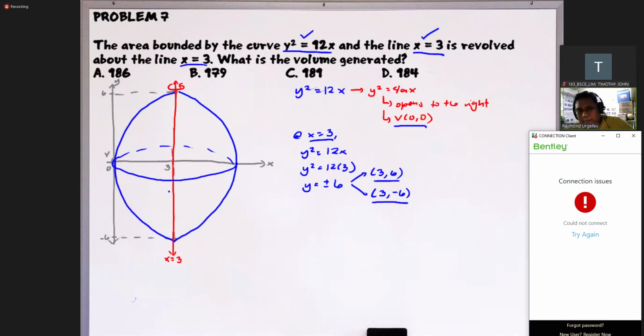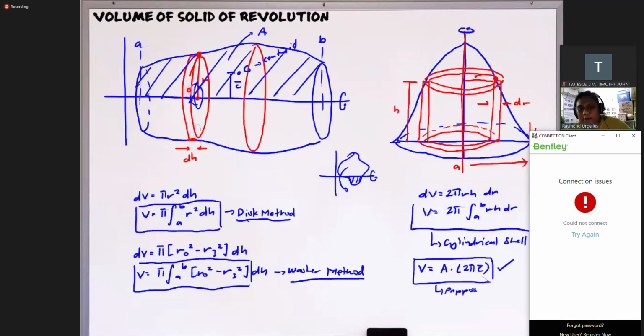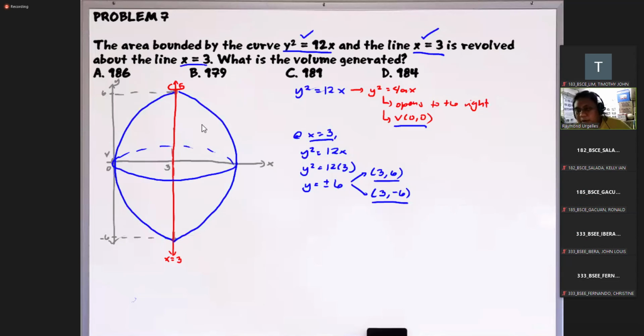Since there is no hole in the middle, we can apply the disk method. Remember that in the disk method, the disks are oriented perpendicular to the axis of revolution, so here our disks will be horizontal.